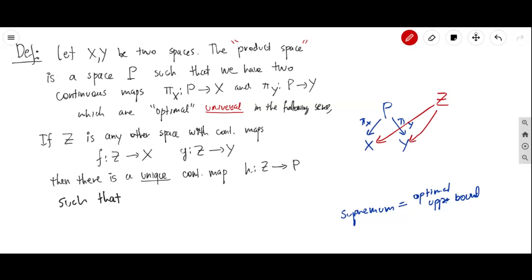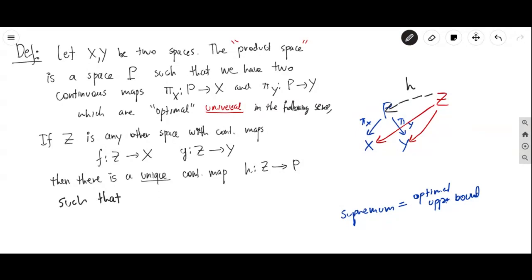Then in such a situation, there is a unique continuous map from Z to P. So it's like least upper bound. Anything else that's an upper bound has to be bigger than P, so it kind of goes back down. So there has to be a map going this way, which you call H.